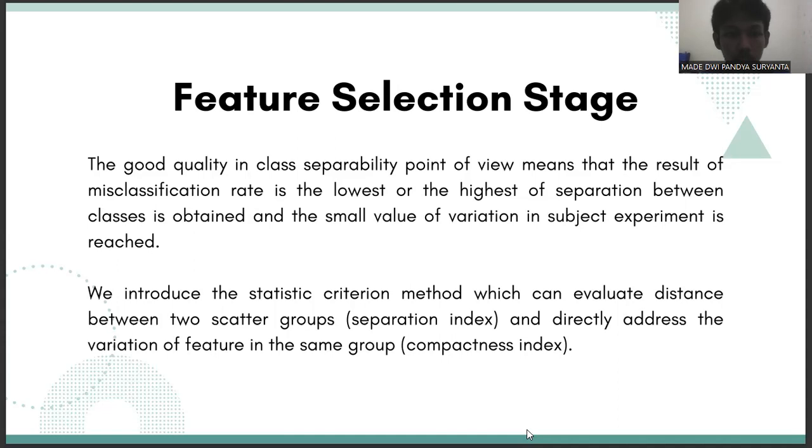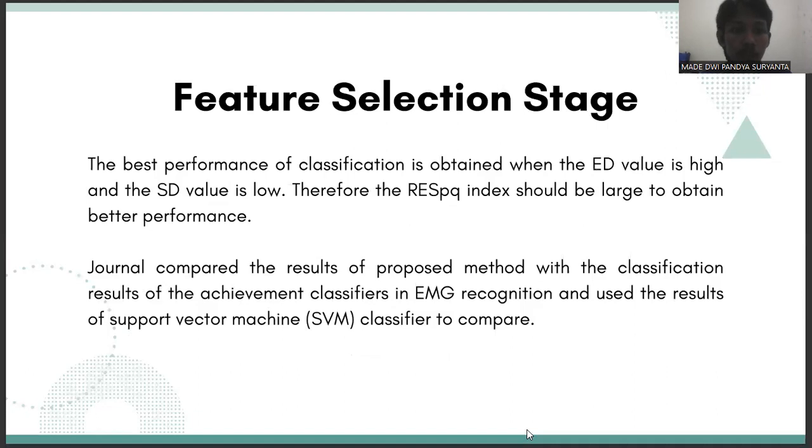We introduce the statistical criterion method which can evaluate the distance between two scatter groups, or separation index, and directly address the variation of features in the same group, or compactness index. The best performance of classification is obtained when the ED value is high and the SD value is low. Therefore, the RES index should be maximized to obtain better performance.